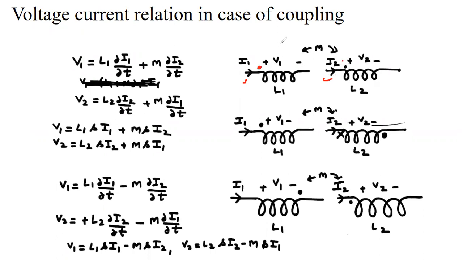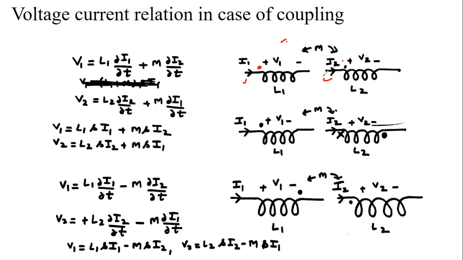It means the flux is supporting each other. And if the current in the two coils is entering from different terminals, it means the flux is opposing each other. So one by one, we are studying what the effect is on voltage and current.